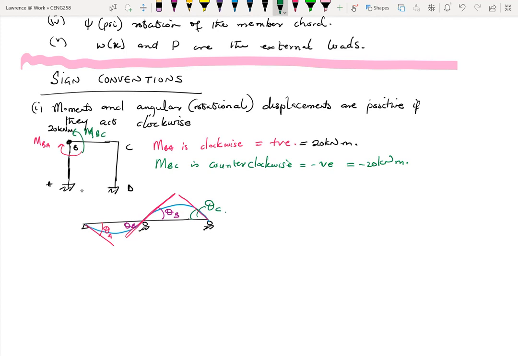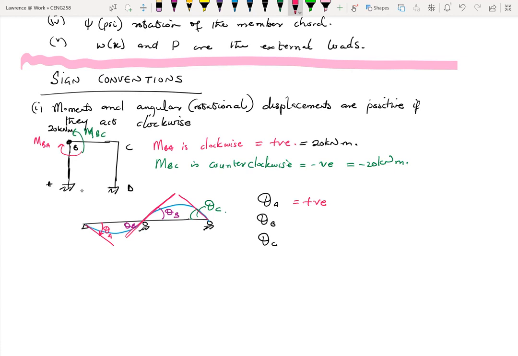So we have theta A, theta B, and theta C. Now, if we look at theta A, this is the direction it goes. It starts from there and rotates with the beam towards the clockwise direction. So that will make theta A positive.